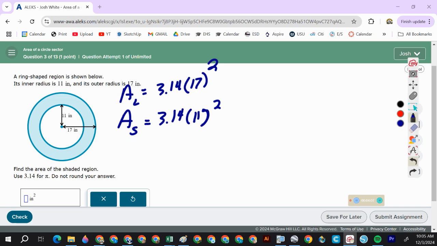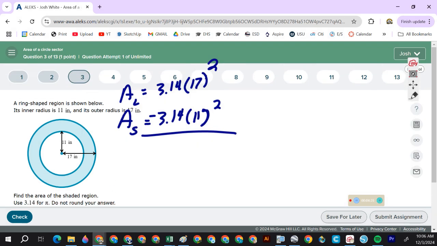And the blue area, the shaded region, is the difference between those two. So all I'm going to do is subtract the small one from the large one. And that will give me the area of the shaded region. All right.